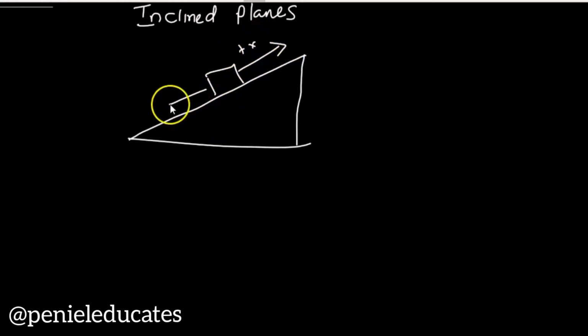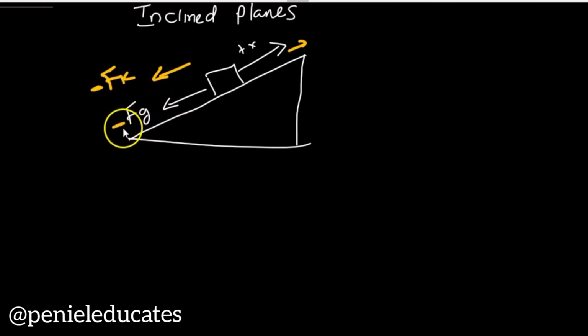Then we have Fg, that is the force causing the block to go down the plane. Then, because the body is moving this way, we also have the kinetic friction, that is the kinetic force, which is negative, opposing it.